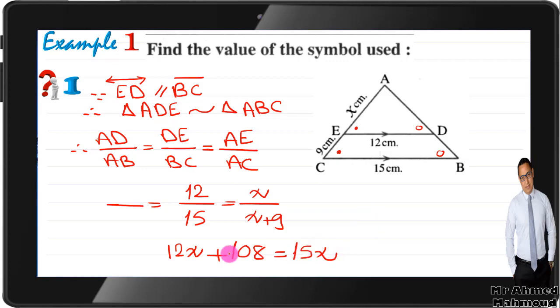So I'm going to send 12x there as minus: 15x minus 12x equals 3x, and this equals 108. Send 3 there as a divisor, so x equals 108 divided by 3, which is 36.